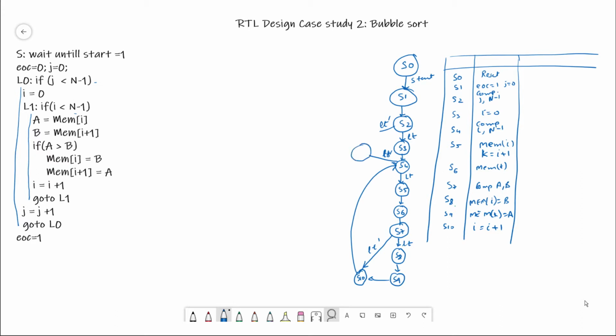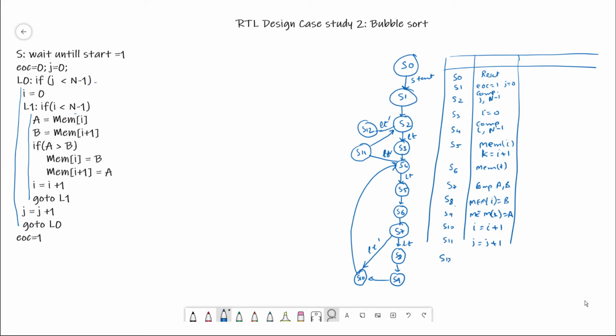Okay, so let's call it S11. So in S11 we are saying j equal to j plus 1, and from there we are going back to S2. Okay. So here after comparing, if we are again comparing that whether this is S12.